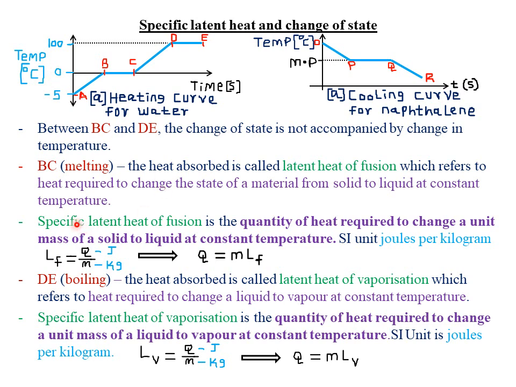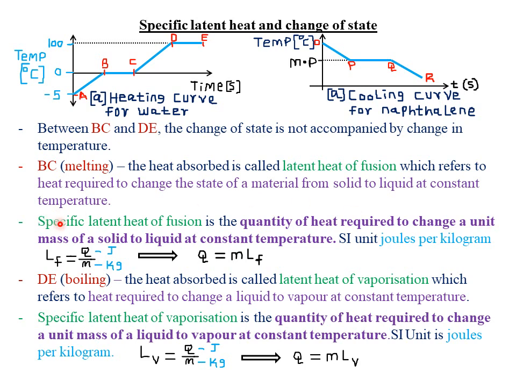Then when we talk of specific latent heat of fusion, we must specify the quantity of mass of water, or the mass of the substance that we are talking about. So specific latent heat of fusion is the quantity of heat required to change a unit mass. Remember, a unit simply means one quantity of that particular mass. Because we are specifying the mass, we add the word specific.